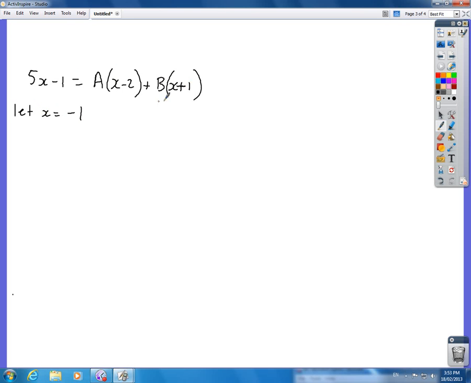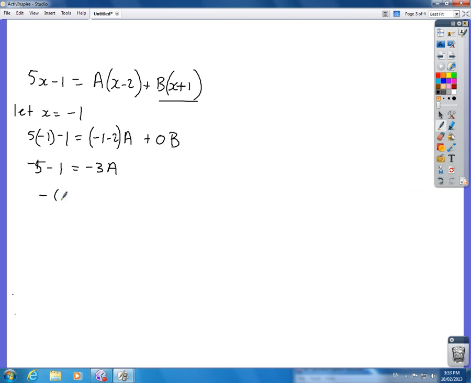That's going to make this bracket equal to 0. Then 5 times -1, minus 1 equals (-1 - 2) times A plus 0 times B. And so that gives me -5 - 1 equals -3A.